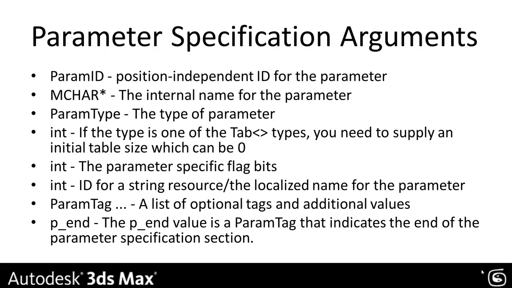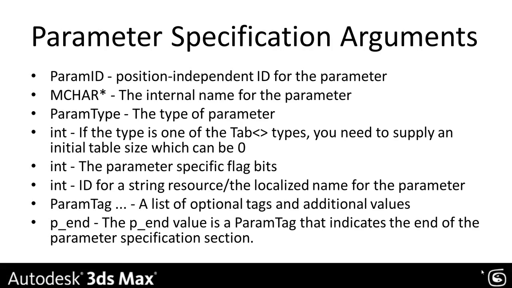Okay. The next one is another integer that provides the combination of parameter specific flag bits, and that's to again provide some really specialized functionality. And then the last integer here is the ID for a string resource, or it's the localized name for the parameter itself.